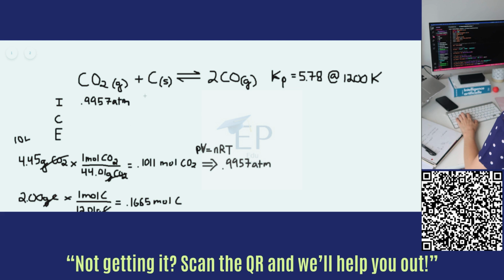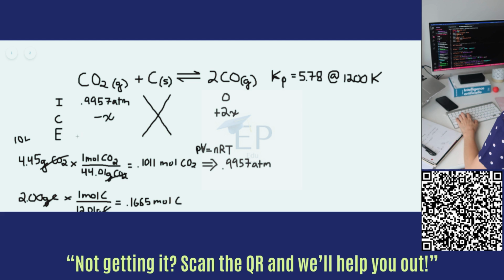Great. I'm going to cross out this entire section for graphite because graphite is a solid. Solids don't change concentration, so this is not going to be contributing to the equilibrium constant. And for CO, we don't have any at the beginning, so I'm going to put a 0. Change, we're going to lose some amount of CO2, and we're going to gain twice the amount of CO. Because of this 2 here, we'll gain 2 moles of CO for every 1 mole of CO2 we lose.